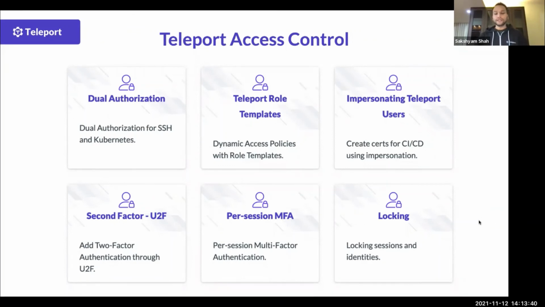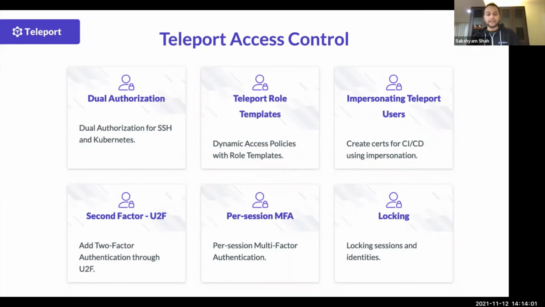This feature is useful in cases such as when you identify that a user is acting maliciously in an already authenticated session, or you find that a user's credential has been misused to access your infrastructure and you want to block access to those servers.